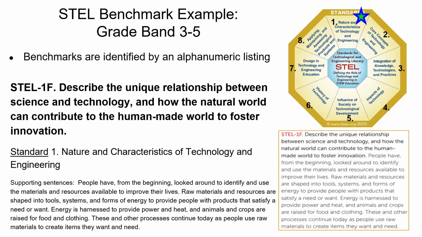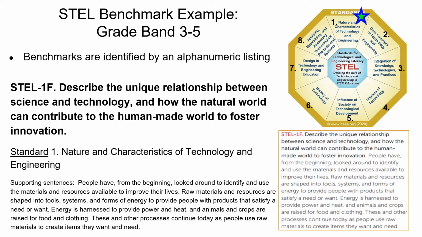Shown in this grade band 3 to 5 example is benchmark STEL 1F. The standard is Standard 1, Nature and Characteristics of Technology and Engineering. STEL 1F: describe the unique relationship between science and technology and how the natural world can contribute to the human-made world to foster innovation.